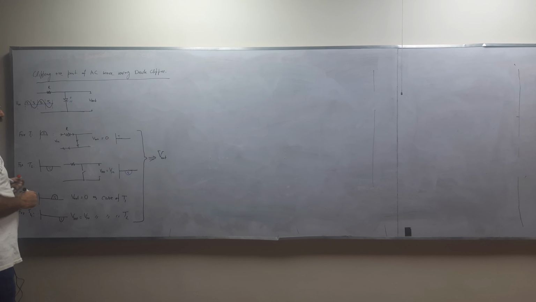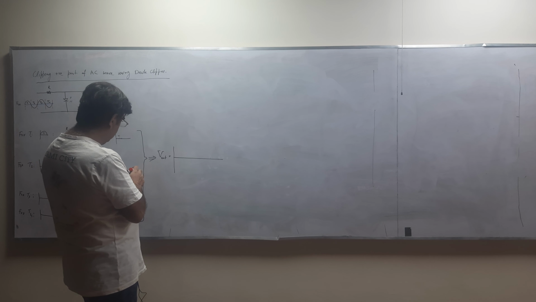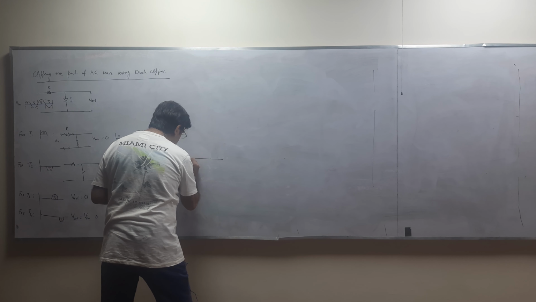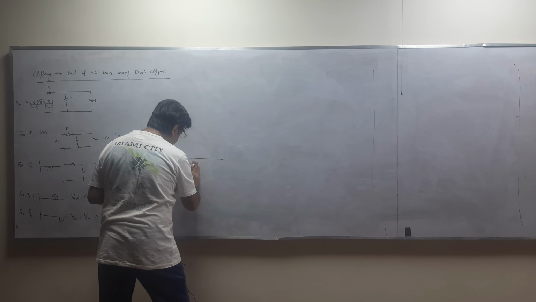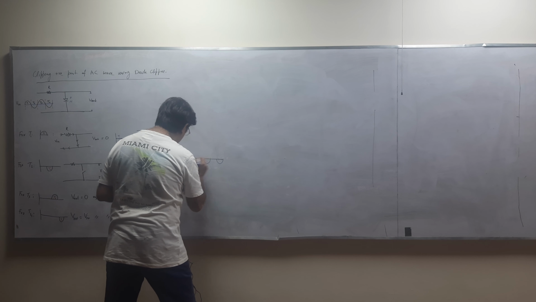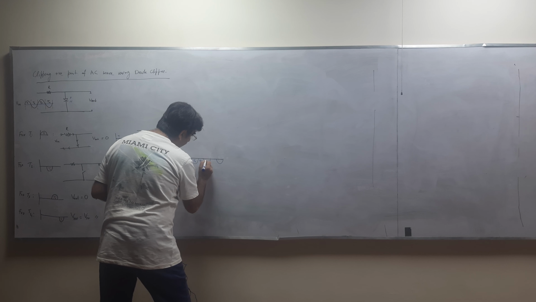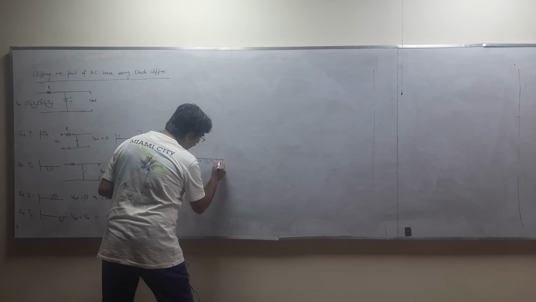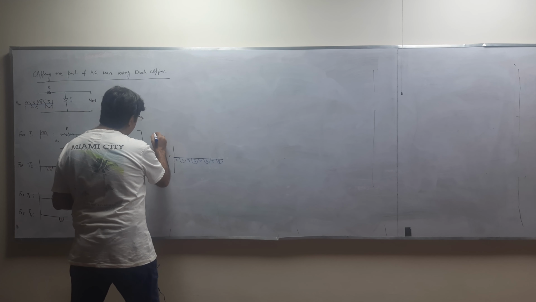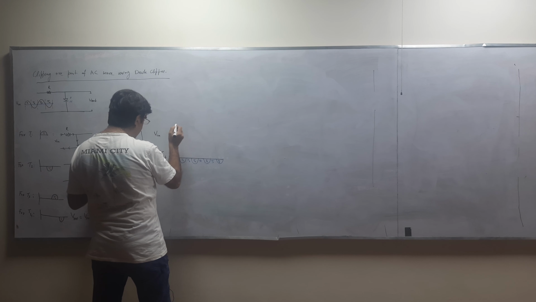This is the incoming wave, and V out will be like this, from T1 to T8. While the input, what was the V in?